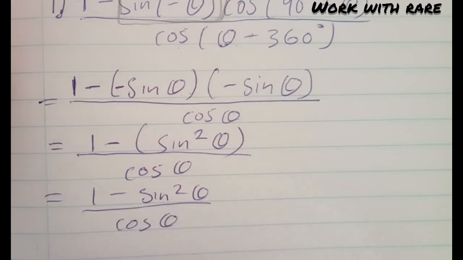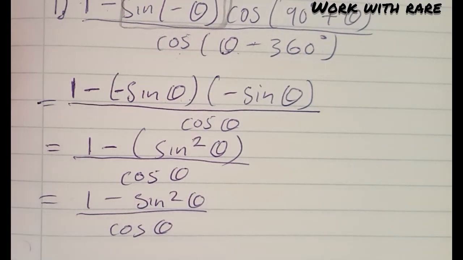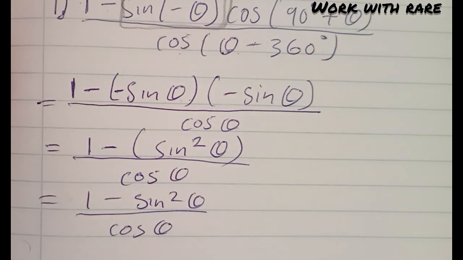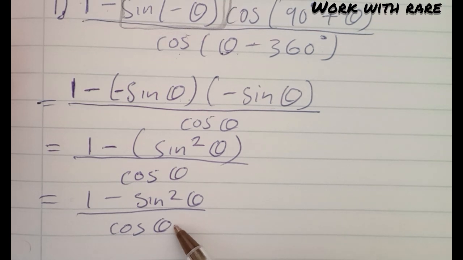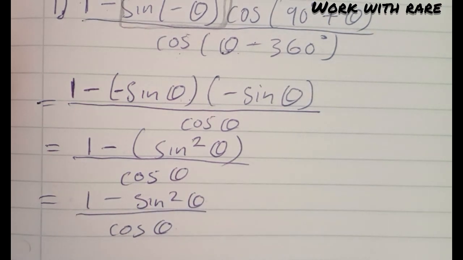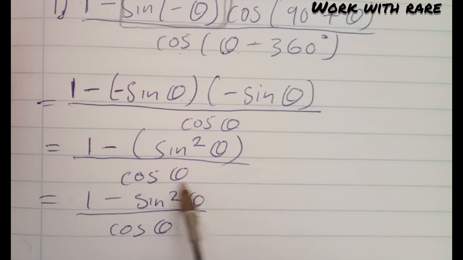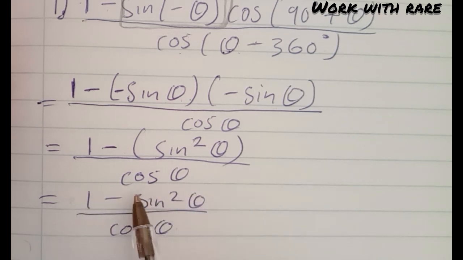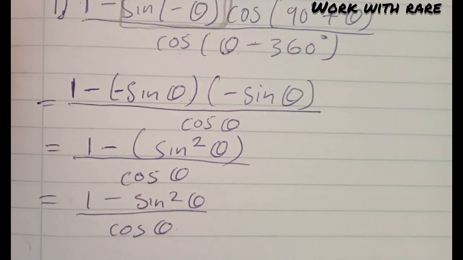Okay? So remember our question says we should simplify this to a single trigonometric ratio, okay? So since here we have cos and here we have 1 minus sine squared theta, we can change this into cos squared theta, okay?